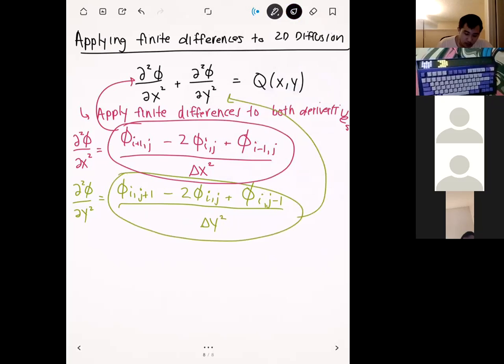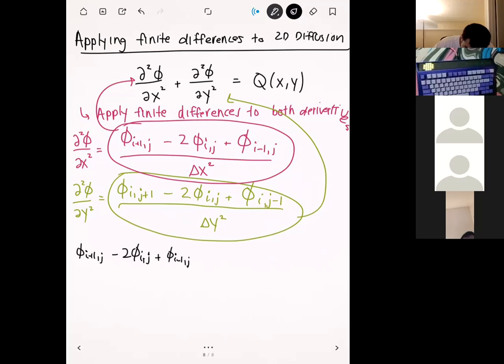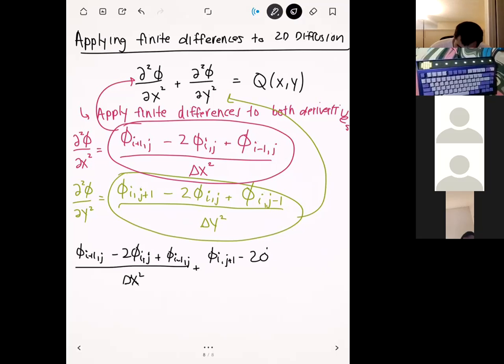And so what we get from that, when we just plug it in, we get phi i plus 1 comma j minus 2 phi i comma j plus phi i minus 1 comma j, all divided by delta x squared, plus d squared phi dy squared, which is phi i j plus 1 minus 2 phi i comma j plus phi i j minus 1, all divided by delta y squared.